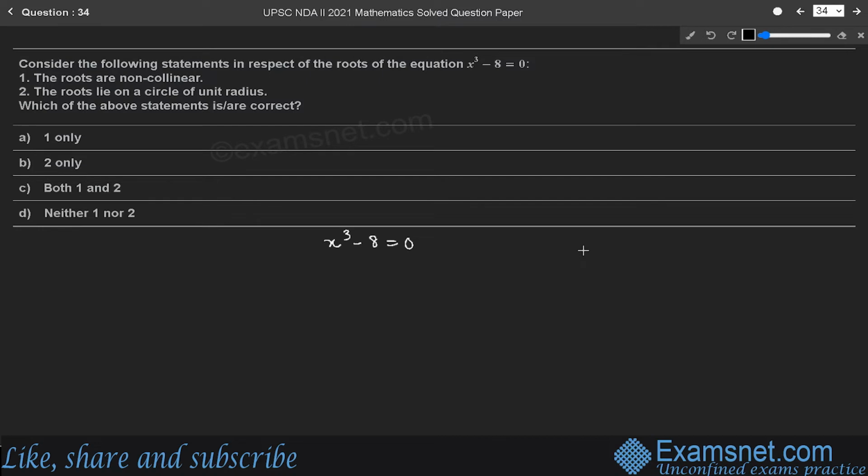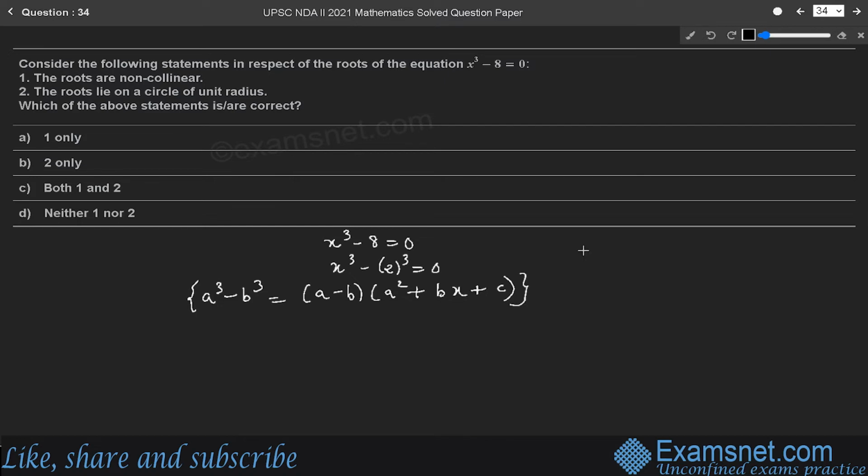Given equation is x cube minus 8, so it can be written as x cube minus 2 cube is equal to 0. We know the formula for a cube minus b cube: a cube minus b cube is equal to (a minus b) into (a square plus ab plus b square).